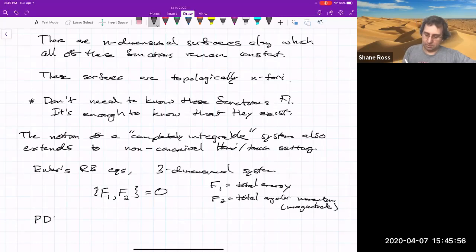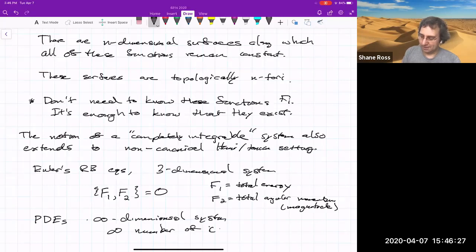And later, maybe not today, there are PDEs that can be considered Hamiltonian, and some subset of those are in fact completely integrable, which means, since a PDE is sort of like an infinite dimensional system, that you have an infinite number of constants of motion.